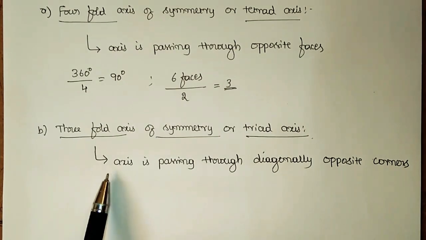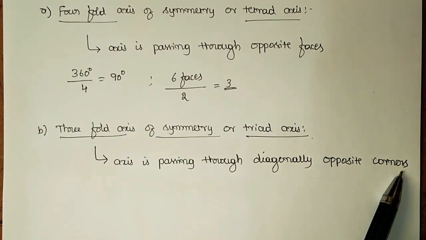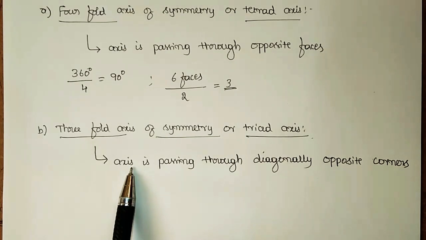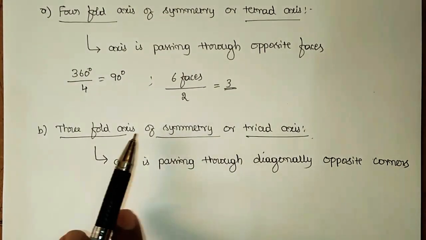When the line is passing through diagonally opposite corners, that will give a threefold axis in case of a cubic lattice.